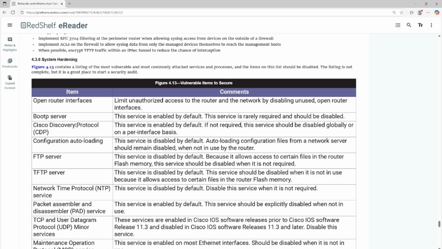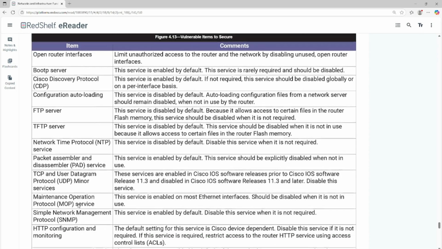So just kind of read this and understand what state those ports, those services or processes are in at the time of factory default. They usually, when they talk about vulnerable, mean by default, by factory default, they are always enabled and rarely being used.